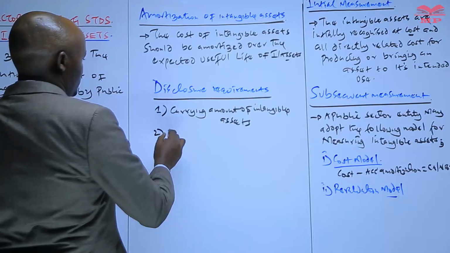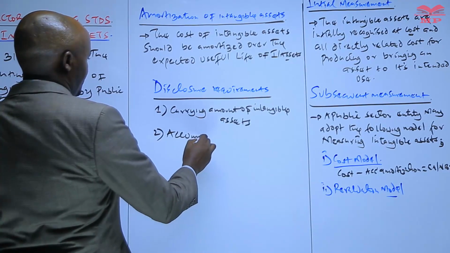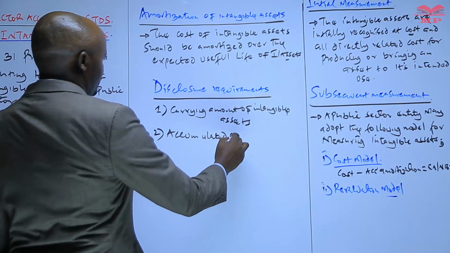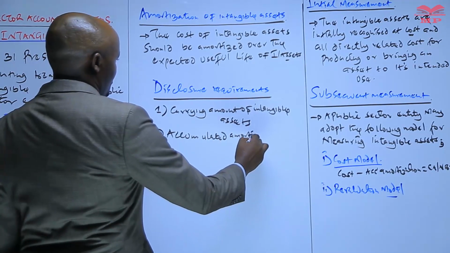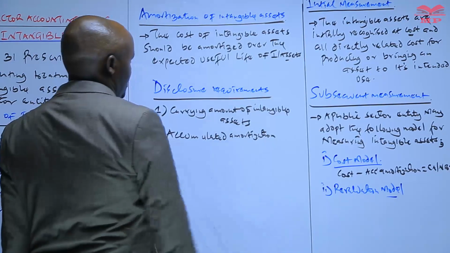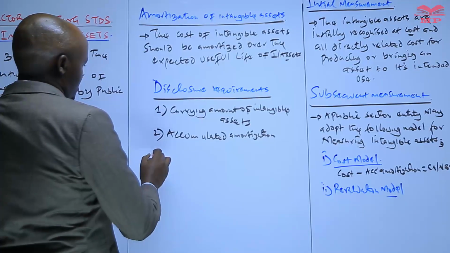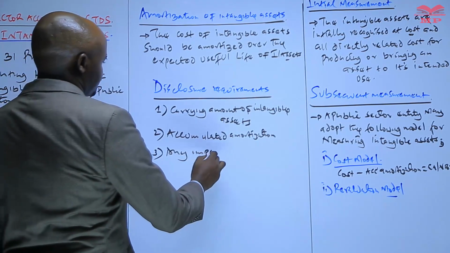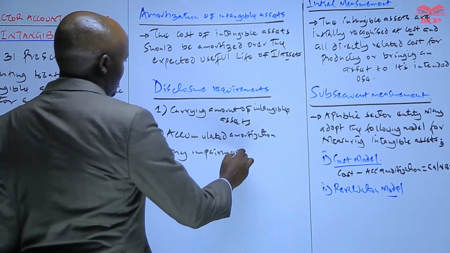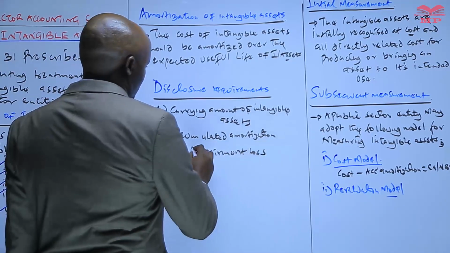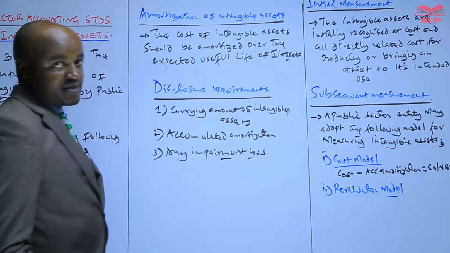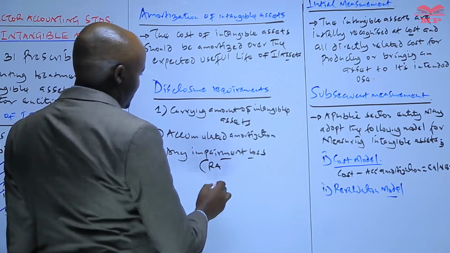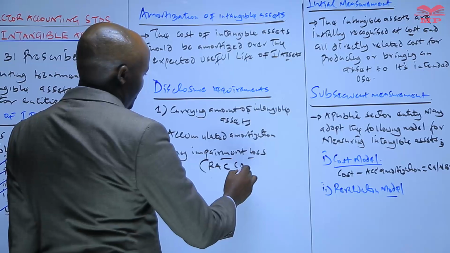So the other information which also needs to be disclosed is the accumulated amortization. And number three is any impairment loss. So basically an impairment loss should be recognized when the recoverable amount of an intangible asset is less than the carrying amount.